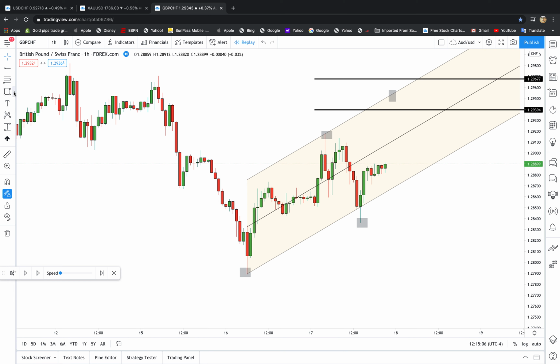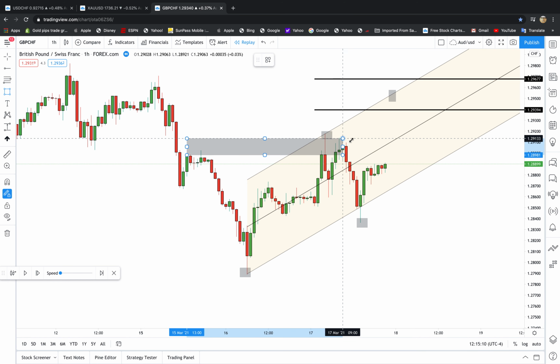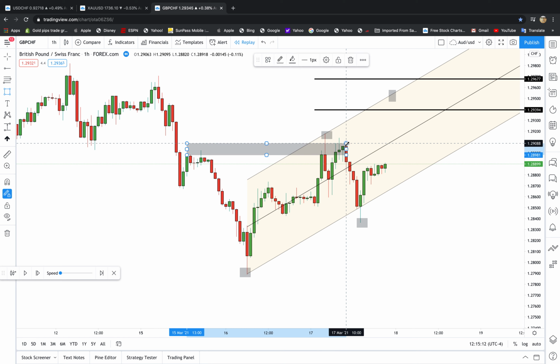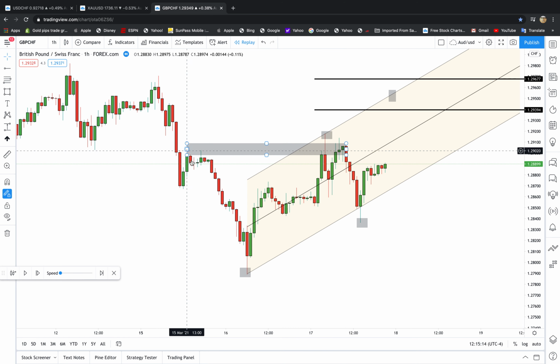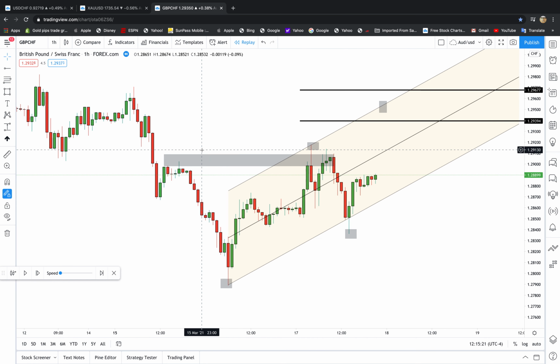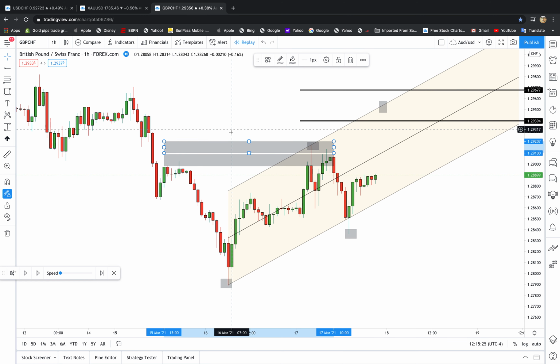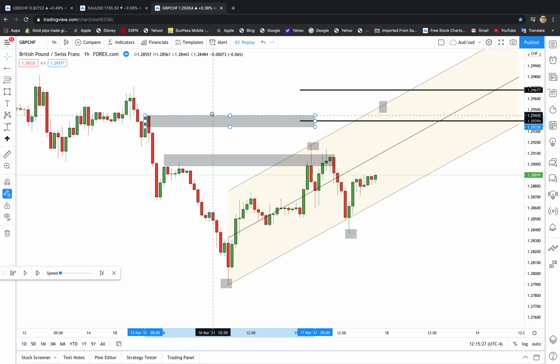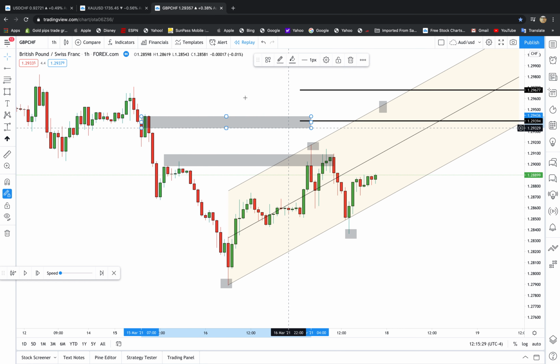It's not going to be here because you see this level here already got respected and it dropped as expected, right? Anytime price hits a demand level, it's going to drop. Now, the next demand level for sales is up here, right? So that's going to be our first take profit.